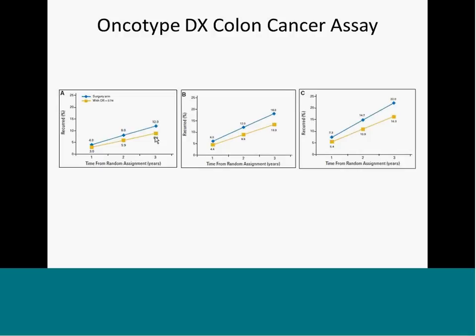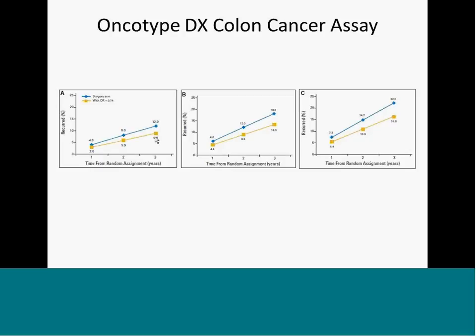However, if you have somebody with a recurrence risk of 25% because they have higher risk factors, the benefit of adjuvant therapy is still approximately 20%, which in a 25% patient would make it about 5%. So that absolute benefit is 5%. When we're talking to a patient about stage 2 disease, this is one of the biggest things we talk about.